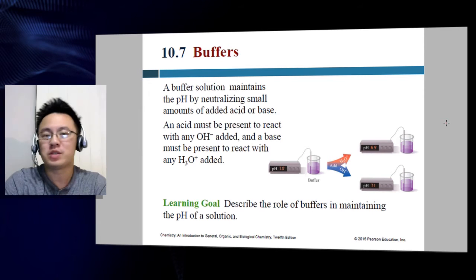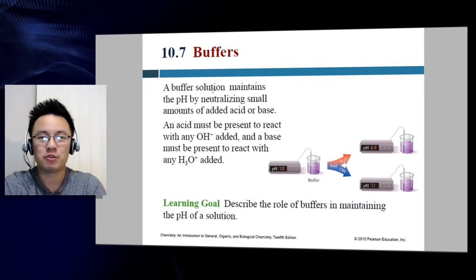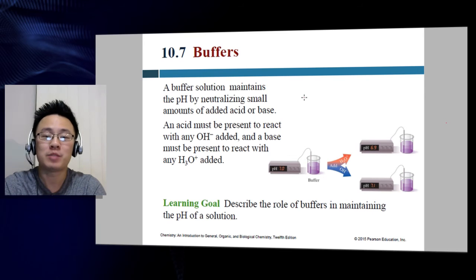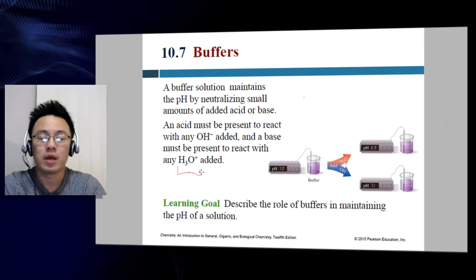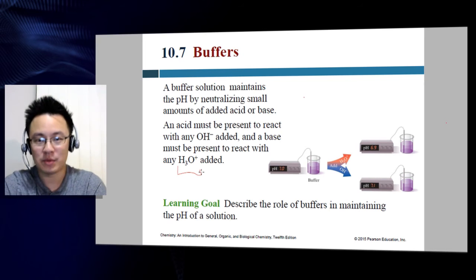We're going to continue on with our discussion of buffers. A buffer solution maintains the pH by neutralizing small amounts of added acid or base. An acid must be present in order to react with any hydroxide ion that is added, and a base must be present in order to react with any hydronium ion that is added.